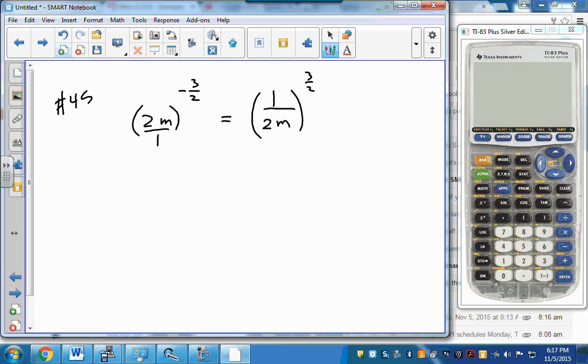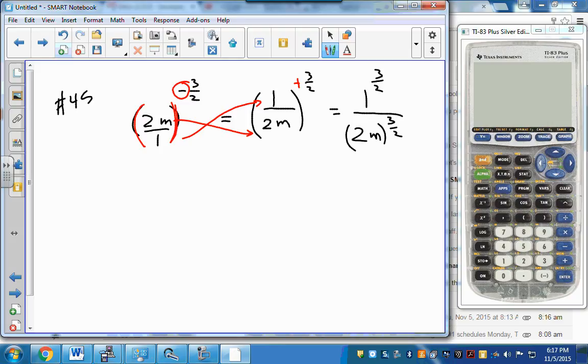I could do it that way, and that would work fine. So this is going to be 1 to the positive 3 halves divided by 2m in parentheses to the positive 3 halves. And again, what I did was the same thing I did on the other problem. Remember, this is effectively a fraction, 2m over 1, and I put the numerator on bottom and the denominator on top, and then changed the exponent from negative to positive.